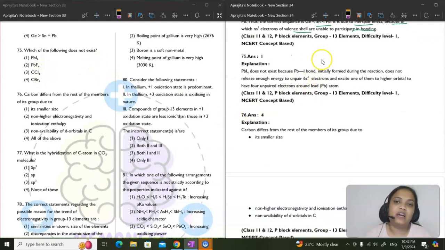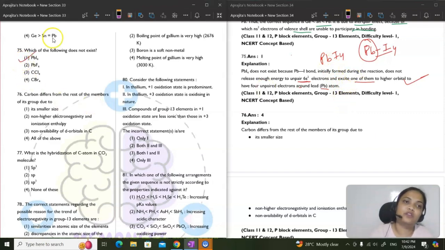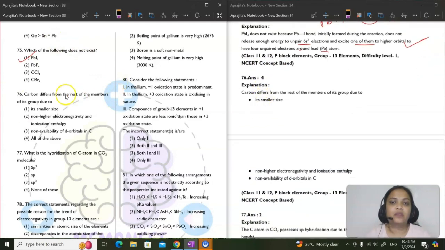PbI4 does not exist because the lead-iodine bond initially formed during the reaction does not release enough energy to unpair the 6s2 electrons and excite them to the higher orbital to have 4 unpaired electrons around the lead atom. So there are not sufficient unpaired electrons. The excitation of electrons does not happen in this case. So PbI4 does not exist. The answer is option 1.